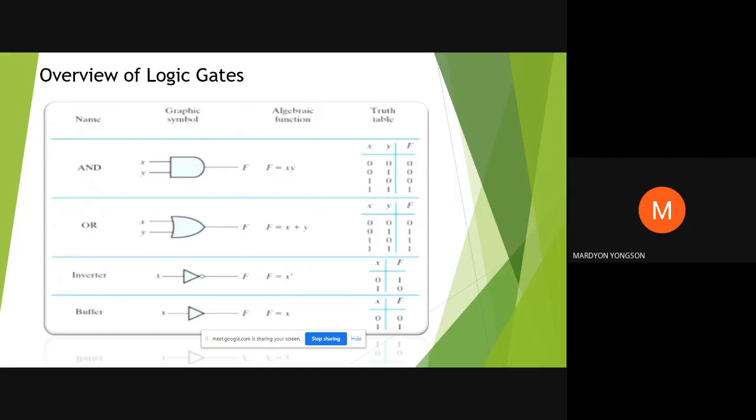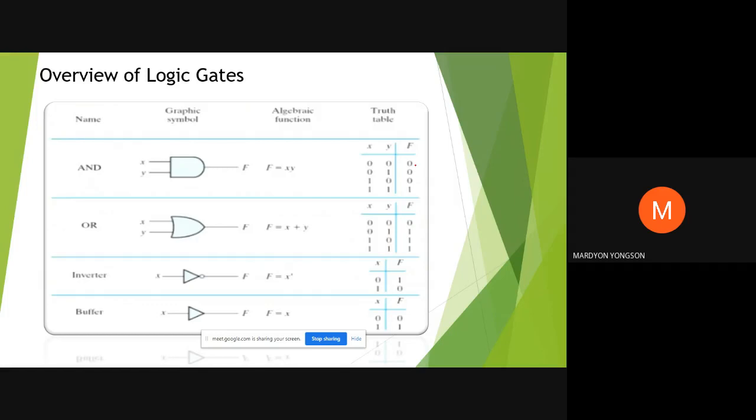And also we have their truth table. Kapag AND, as you can see sa truth table niya, if there's a 0 on the input, the answer will always be 0.